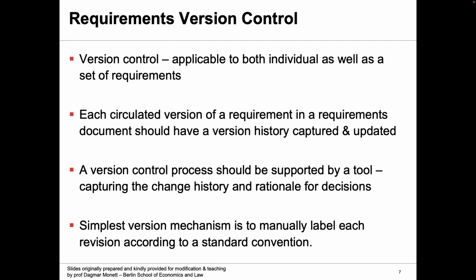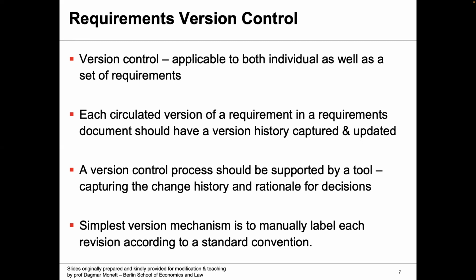Second point is that each circulated version of the requirement in a requirements document should have a version history captured and updated. So you're recording whatever changes were made, when they were made, who made those changes, and who approved those changes.